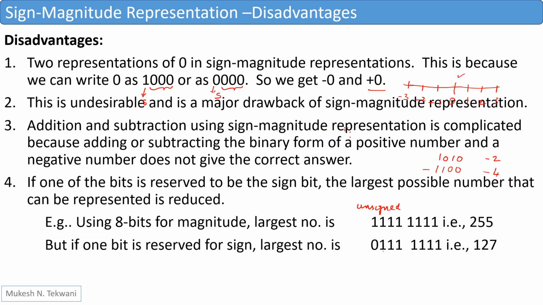Of course, we must remember that in this first example that we have taken using 8 bits, here this 1 is not being used for the sign bit, it is being used to represent the magnitude.